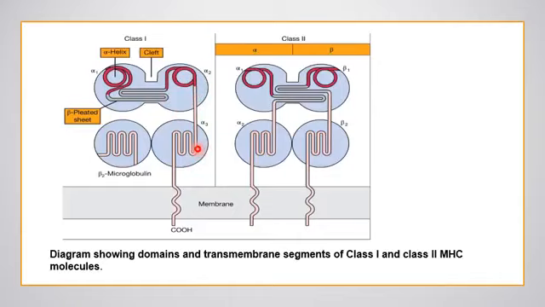It has a short cytoplasmic tail. The alpha 3 is attached to the plasma membrane, and beta 2 microglobulin is bound non-covalently to the alpha chain at alpha 3. It is essential for proper folding of the alpha chain, and it has no transmembrane region.